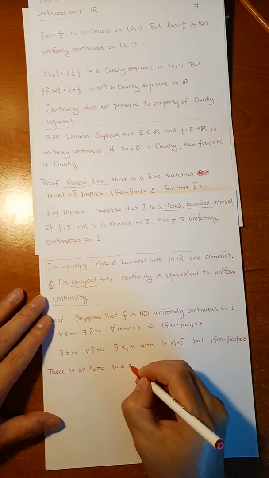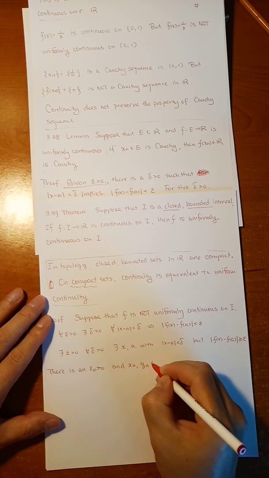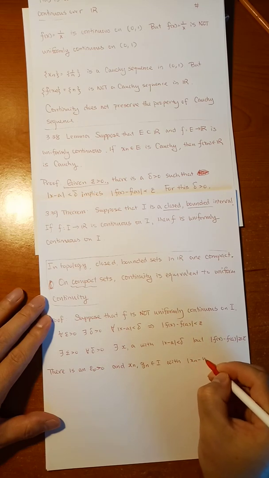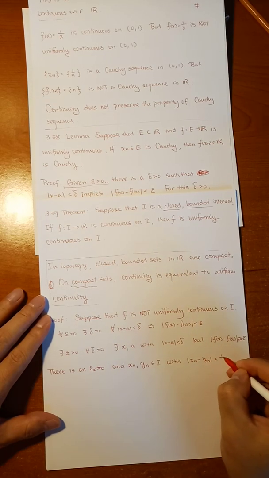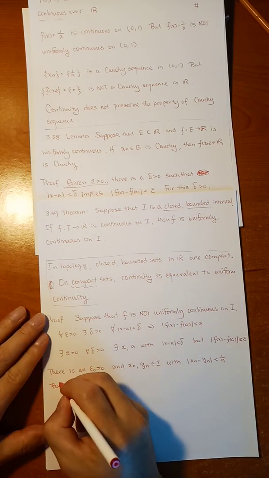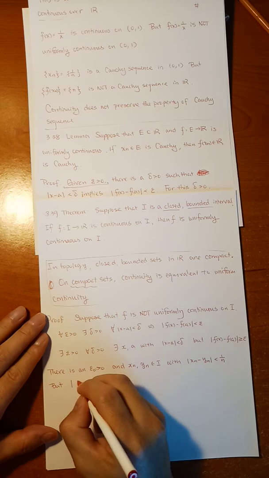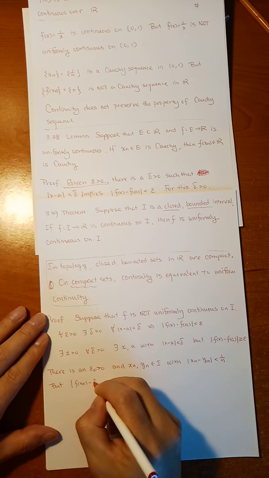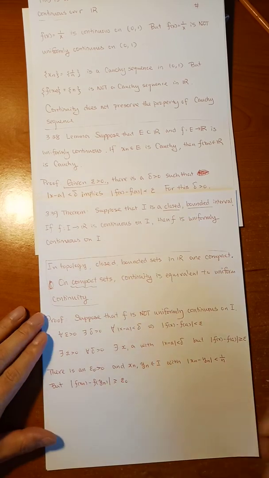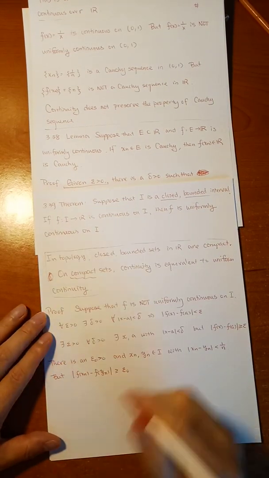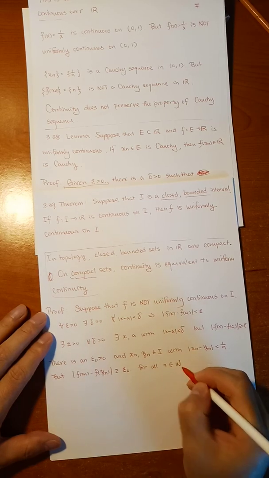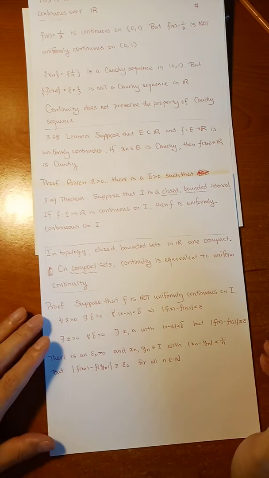There are always x_n, y_n in I with |x_n minus y_n| less than 1 over n, but |f(x_n) minus f(y_n)| is greater than or equal to epsilon 0 for all n.